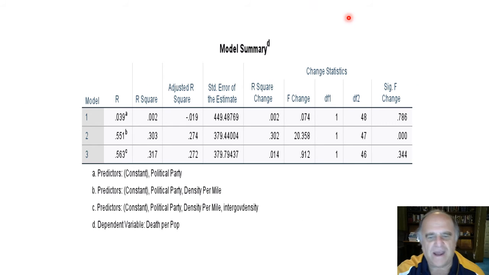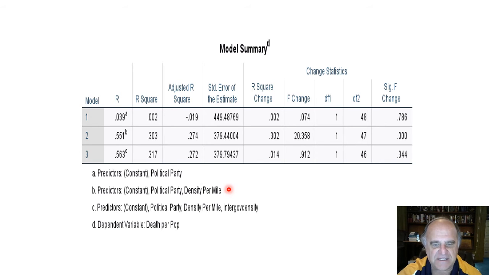We put it in, and what I did here again, as I discussed last time, I did this in 3 steps. So it's basically, again, what Field calls a hierarchical regression. So I ran a hierarchical regression. On step 1, I actually put in the political party. Probably should be reversed. Probably should have put in density per mile in the first step. But I put in political party in the first step.